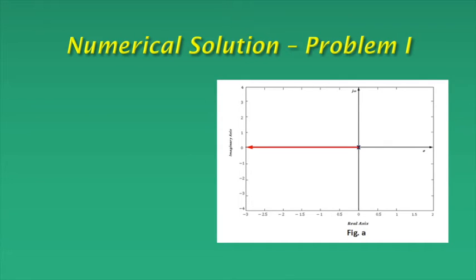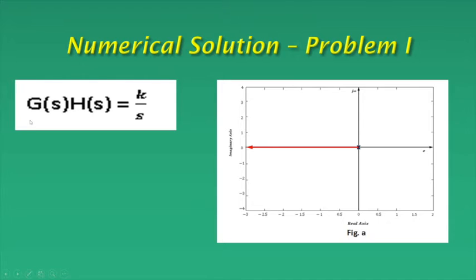I will give some examples of adding poles and zeros to this system. So let us consider this example: G(s)H(s) equal to K by s. That means only one pole is present at the origin. s equal to 0, so this is drawn at the origin.